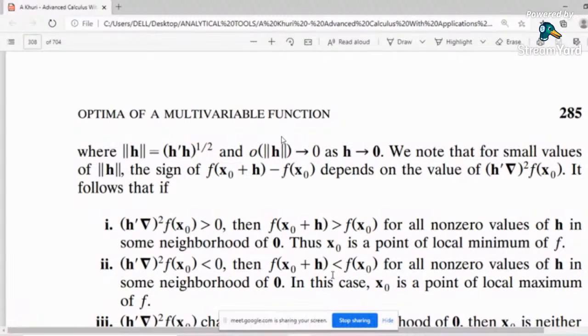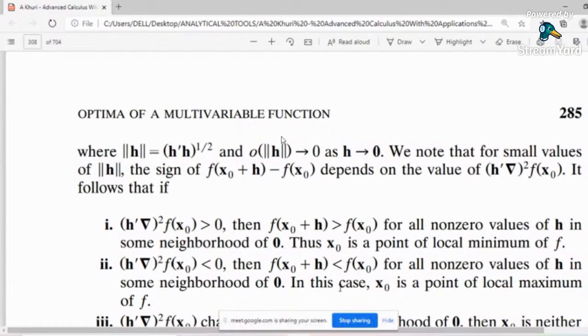So x naught is a point of local minimum. Similarly, we can say that if the first term on the right hand side is less than 0, then f of x naught plus h minus f of x naught is less than 0, or in other words, f of x naught plus h is less than f of x naught for all non-zero values of h in some neighborhood of x naught.